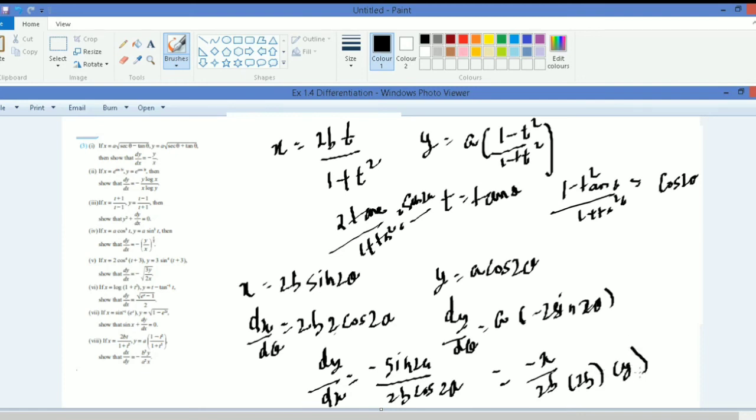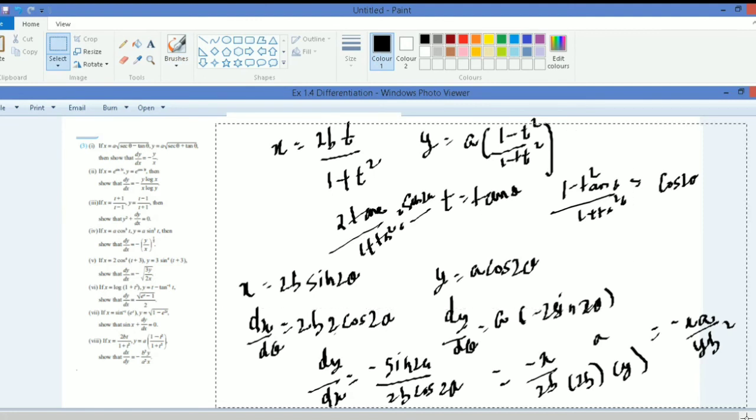So it becomes something like minus x into a upon y into b square. Something of that sort will come. I think there needs to be some a or something, you'll have to check that and match that answer. That is how it needs to be done.